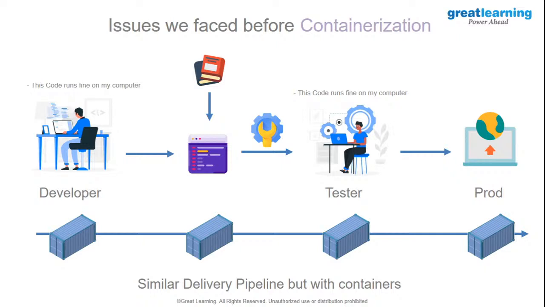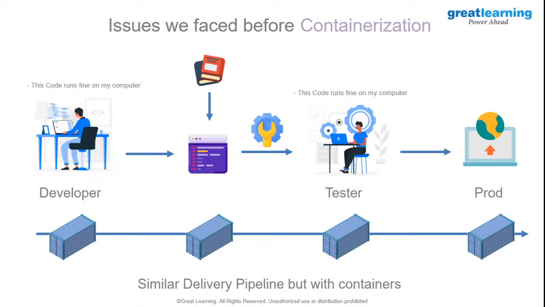This way we're creating a layer around the software so that it does not have to mind what's going on in the host environment, in the tester's system, or in the developer's system. So we remove that compatibility headache. Both of them can say, this code runs totally fine on my system, and we have no compatibility issues. That's what containerization does for us.